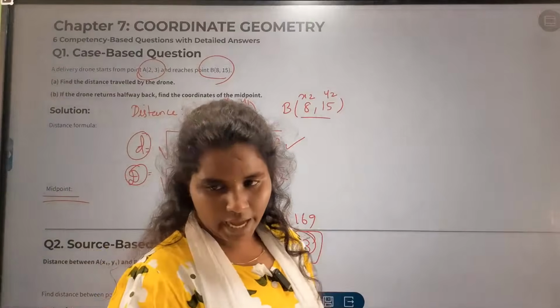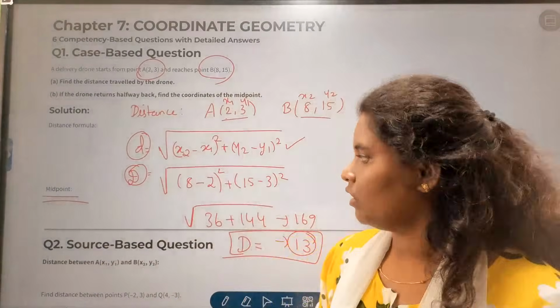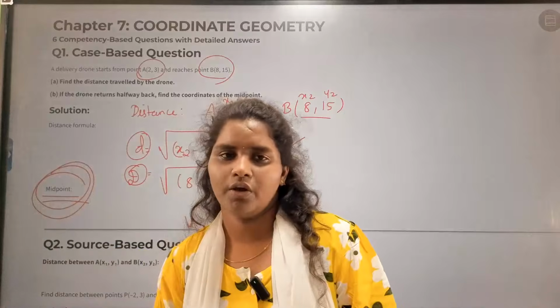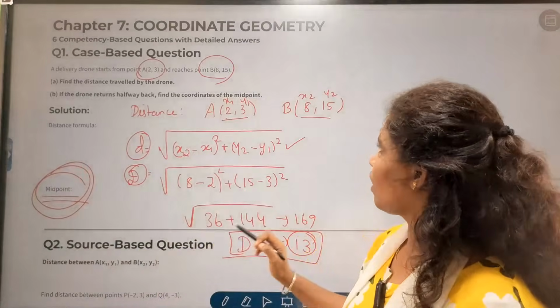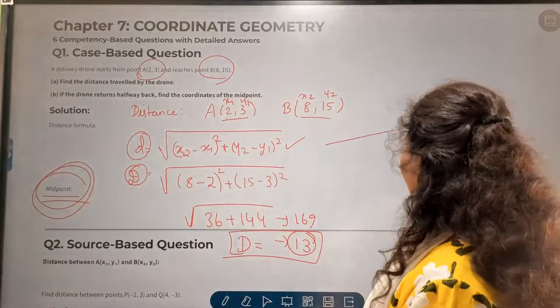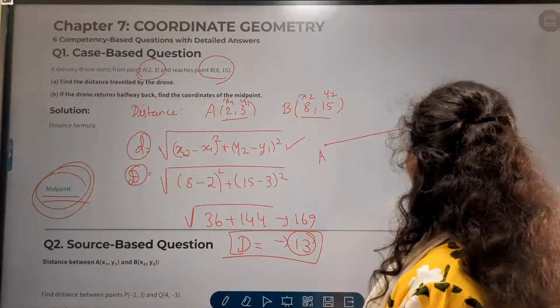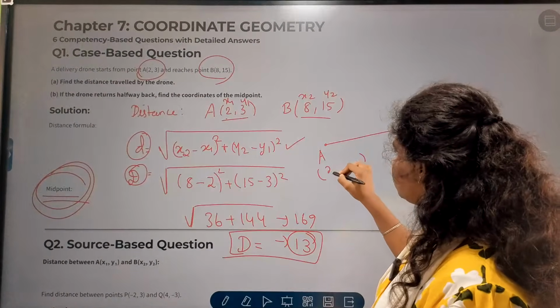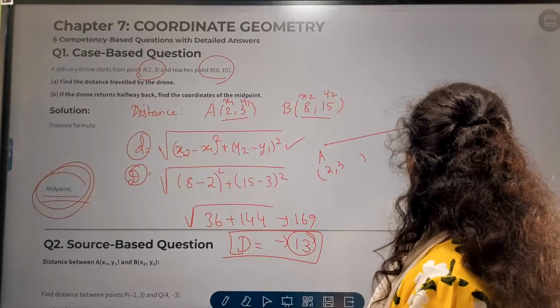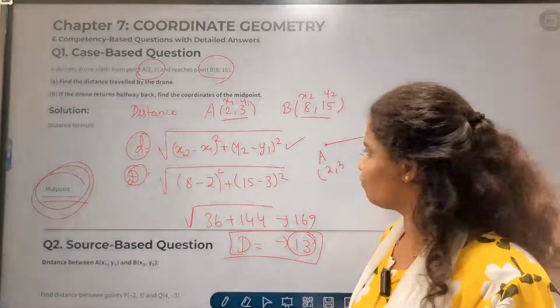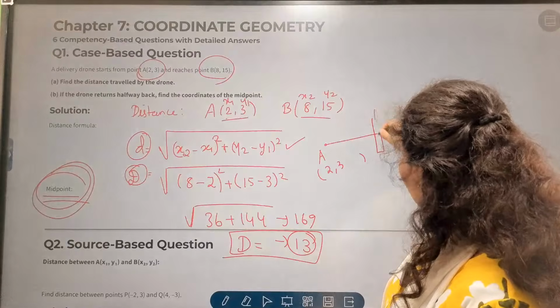So for the same question, we'll find the midpoint also. See, what is midpoint? Midpoint means, for example, if I take one straight line, here it's A, B. So A is given as 2, 3, and B is given as 8, 15. Midpoint means we have to find the middle value of this line.